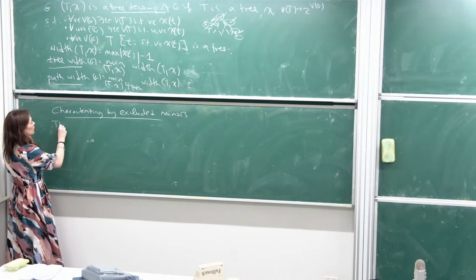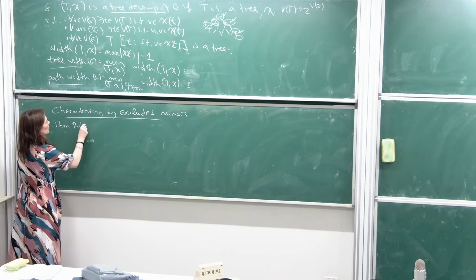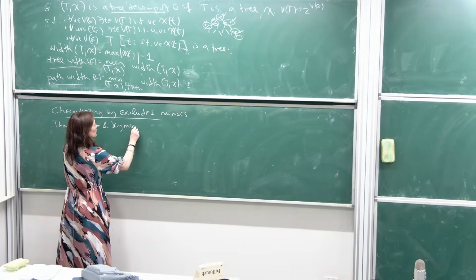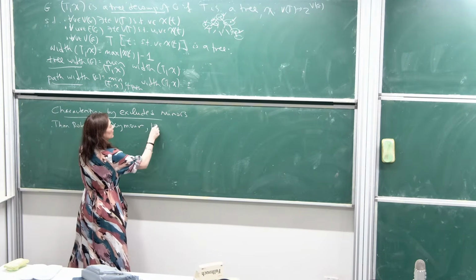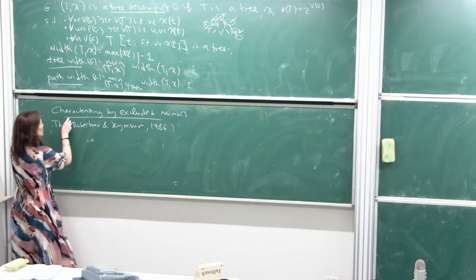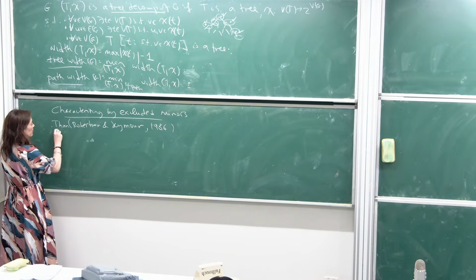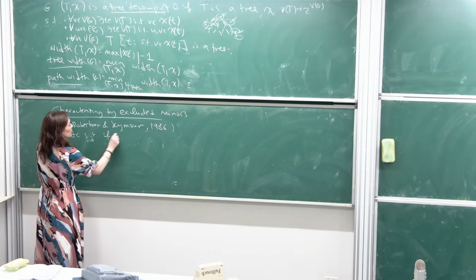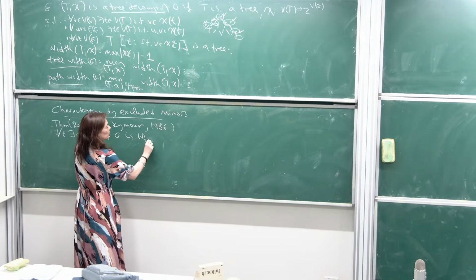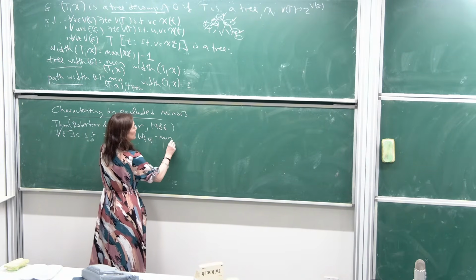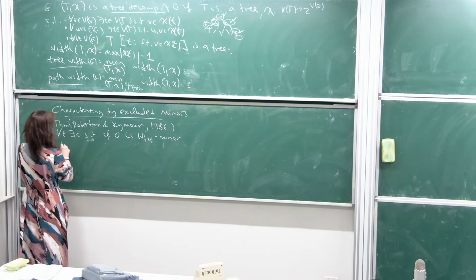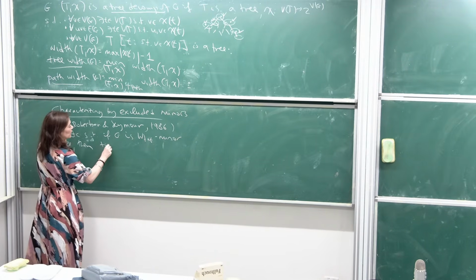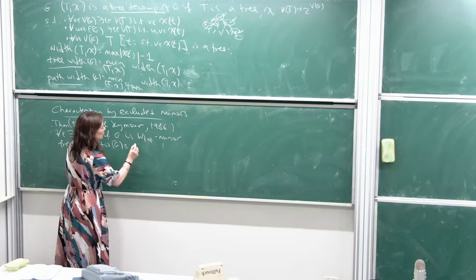There's a theorem of Robertson and Seymour from 1986 that says for every t there exists c such that if G is W_t minor free, then the treewidth of G is at most c.